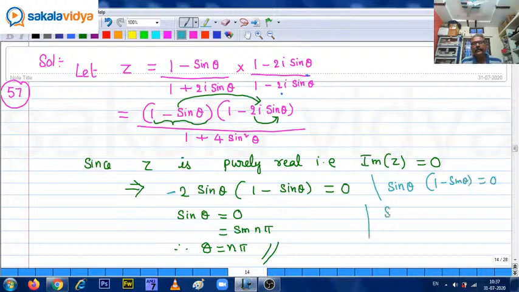Here we get sine theta equals 0 or sine theta equals 1. But it cannot satisfy, we need to consider this one. That's why the solution is this one.